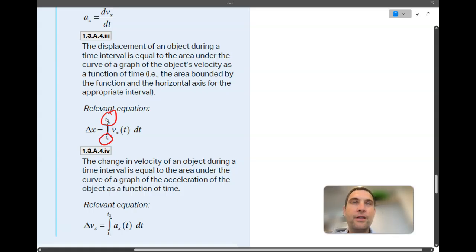Sometimes you're going to see a point for having correct bounds and attempting to integrate, or something like that on your FRQs. So we want to set our bounds to the times that we care about. Remember, this is our final time and this is our initial time. We're going to integrate that, and that's whatever we get. We're going to do final minus the initial.